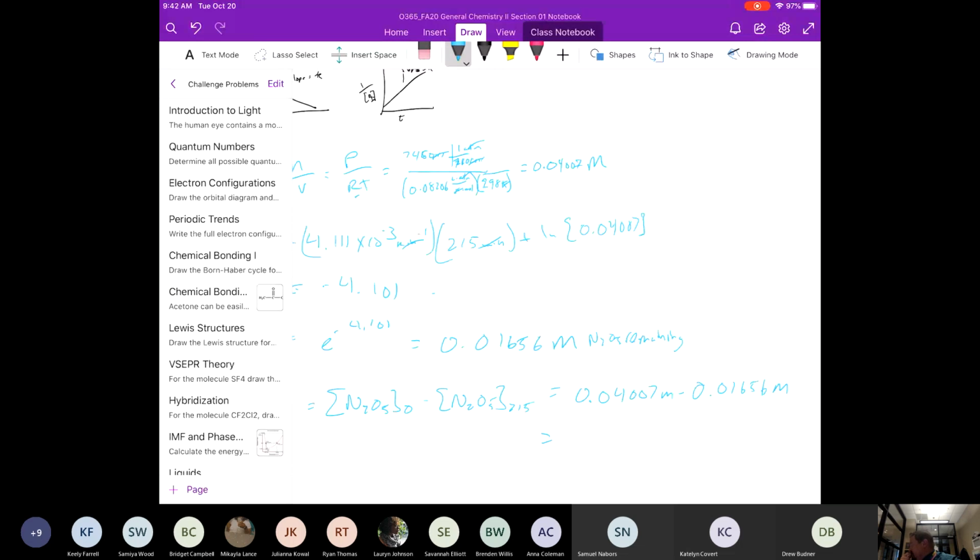So this value is 0.02351 molar of N2O5 reacted.